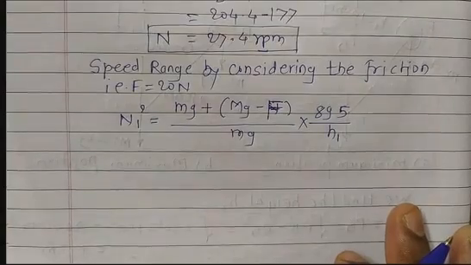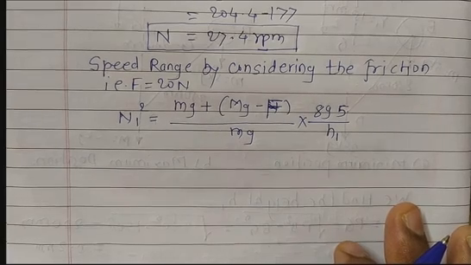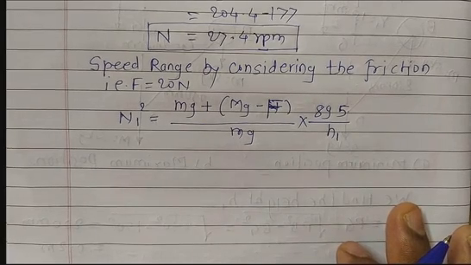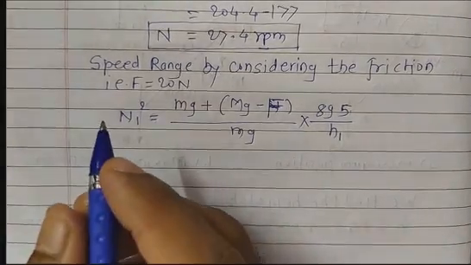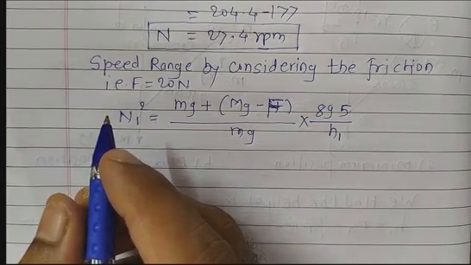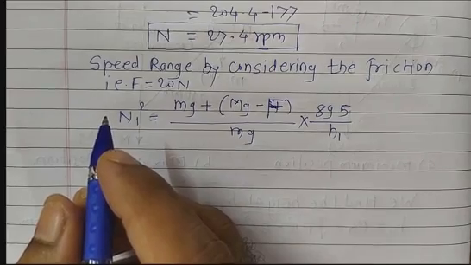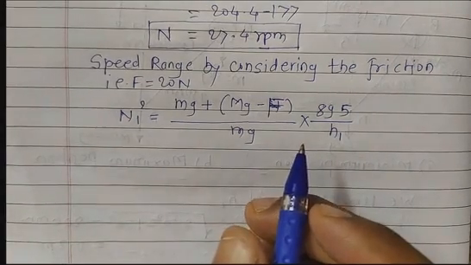Now here the important point is that when the sleeve moves downward, the frictional force F will act in upward direction, corresponding to minimum speed.